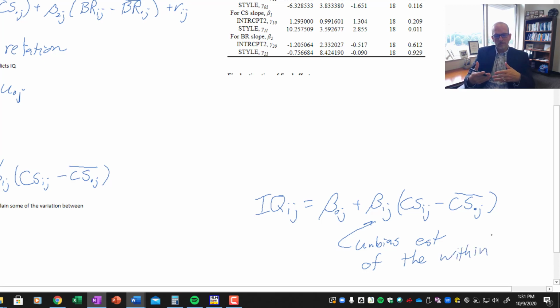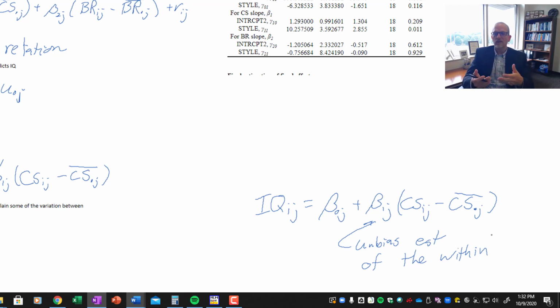So it won't be biased. It won't be pulled based on any other relationship. And so that is my within effect. It describes the expected increase in students' IQ whenever we're comparing a unit increase in common sense. So it is, again, talking about students.